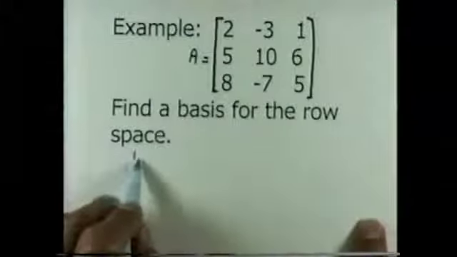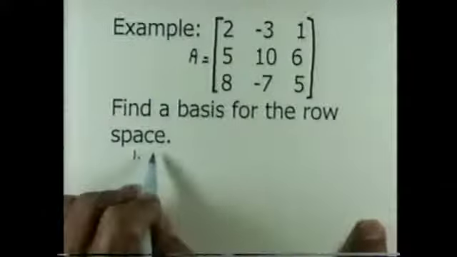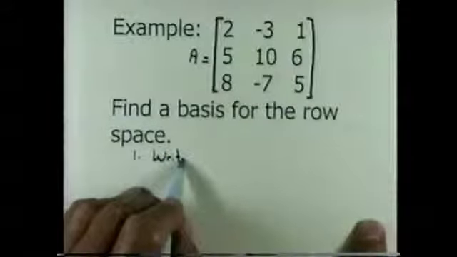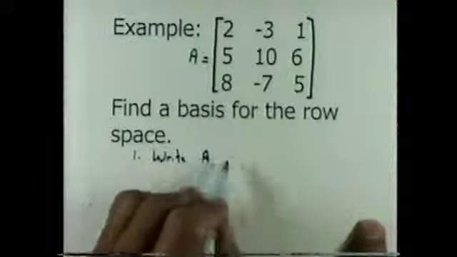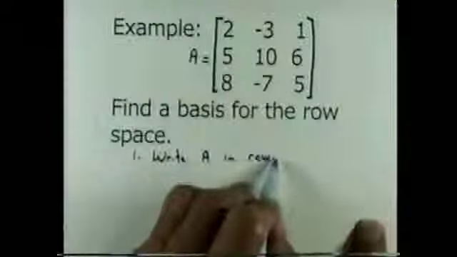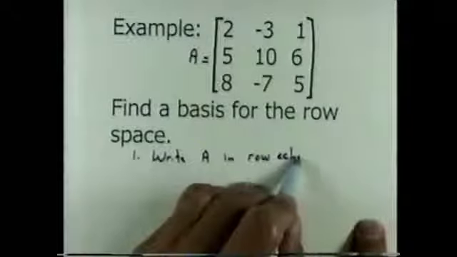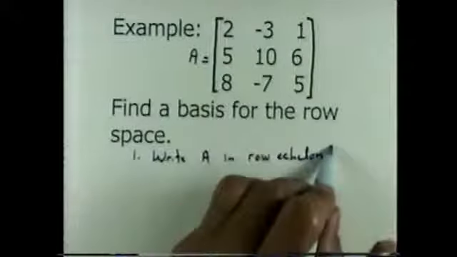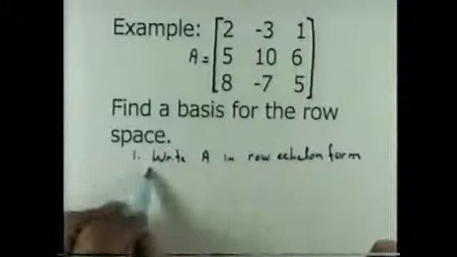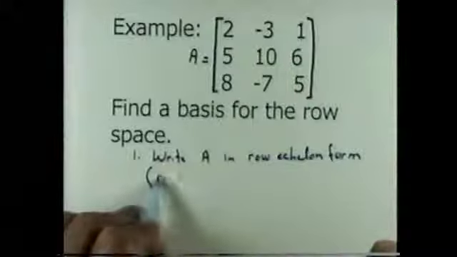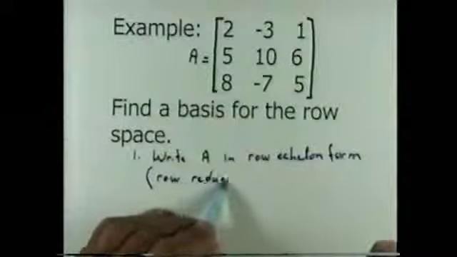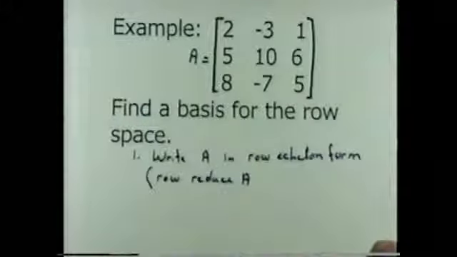Okay, step 1 in finding the basis for the row space is to write A in row echelon form. In other words, we want to row reduce A.